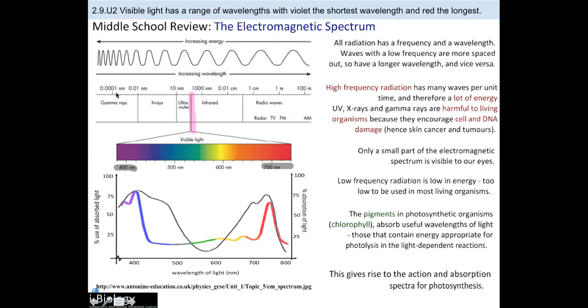What do we mean by nanometers? Nanometers measures the wavelength, how long one wave is, like between here and here.